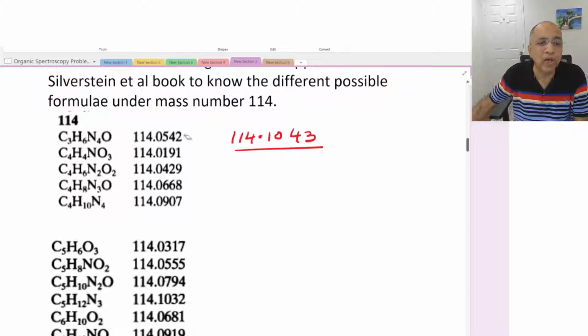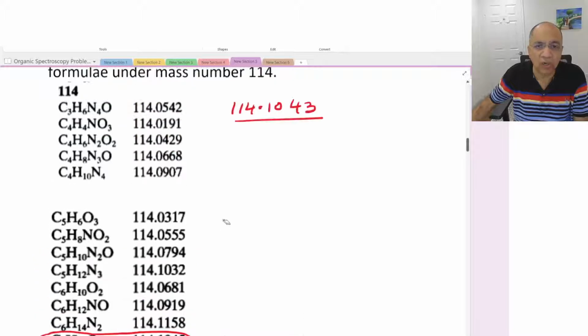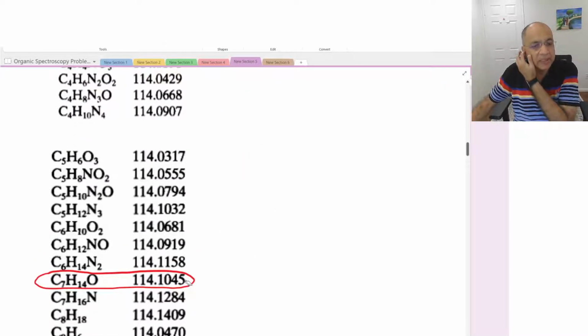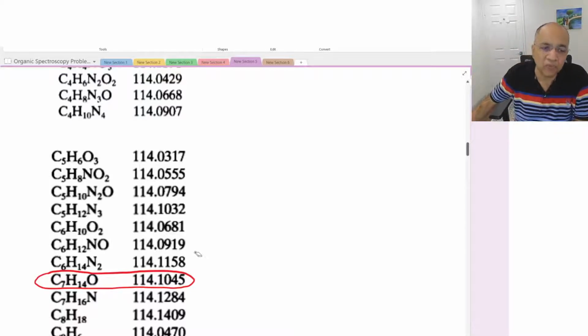No two formulas can have the exact identical isotopic molecular mass. Now it best suits to this one, 1043, this is 1045, and all others are far away.